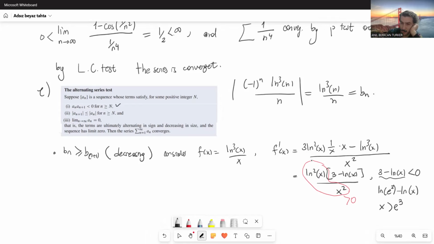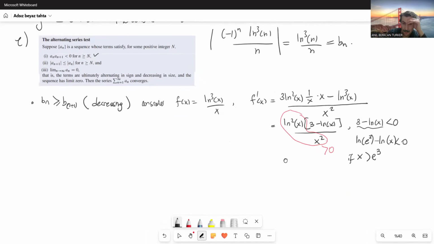Now if x is bigger than e to the power 3, which is bigger than 27 or something like that. I'm considering e is like 3, then it is 27, etc. Anyway, eventually it is decreasing.